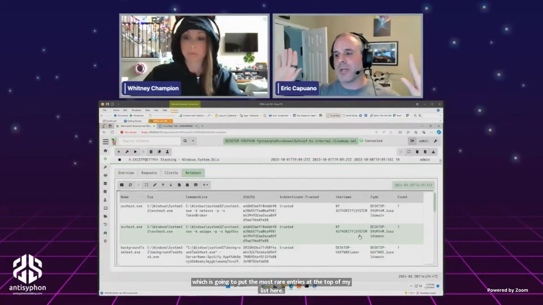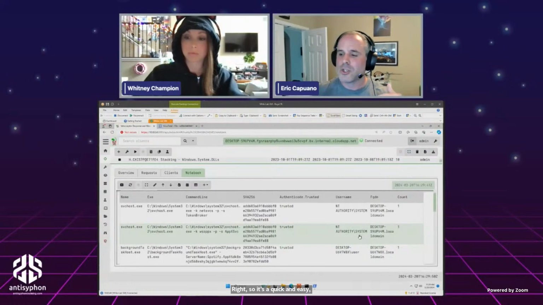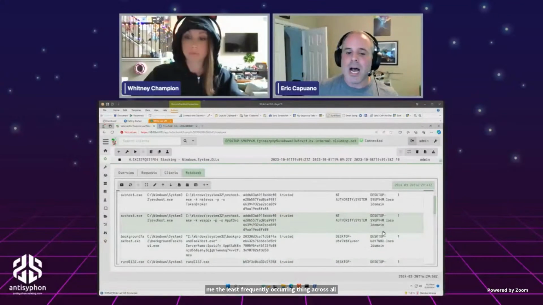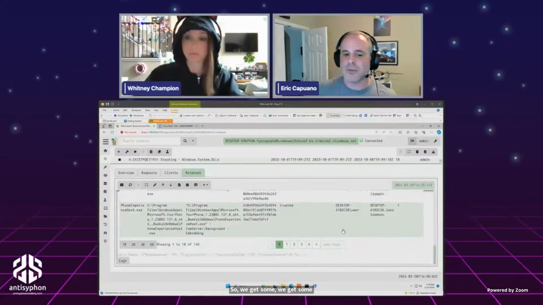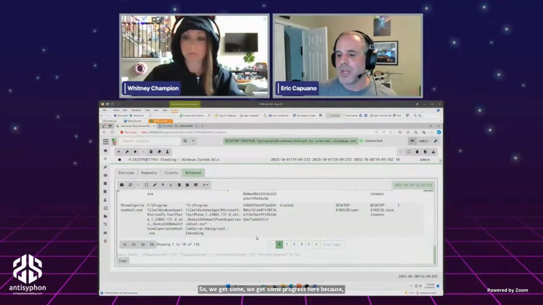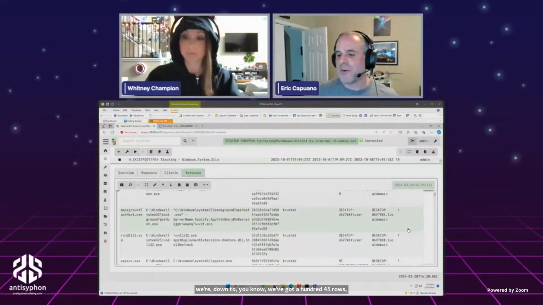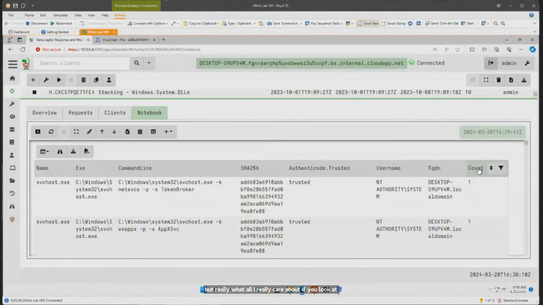So it's a quick and easy question to ask: show me the least frequently occurring thing across all these machines, because we'd consider that an outlier. We get some progress here because we've got 145 rows, but all I really care about, if you look at the column all the way on the far right, is the count.